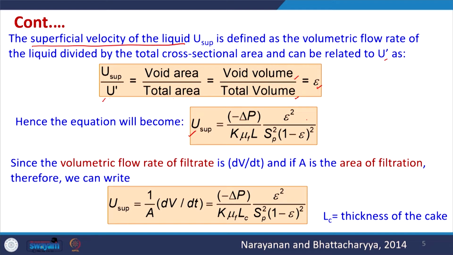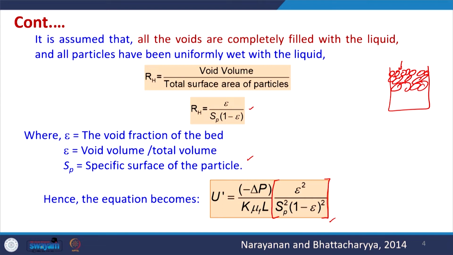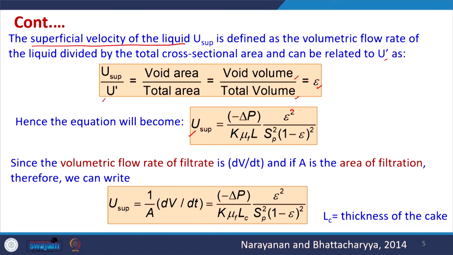This was the basic equation. We multiply by epsilon; actually this will be epsilon cubed, and here also it will be epsilon cubed, hence the equation will become this.